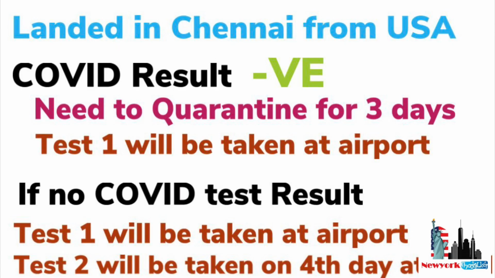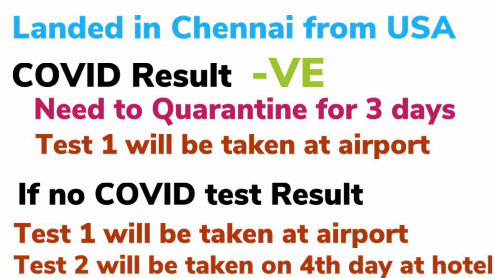Once landed in your destination city, I have given an example of what happens if you land in Chennai. If you produce the COVID negative test, you will be required to do just 2 days of quarantine in a hotel, and then the rest at home. If you don't produce any COVID negative result at the airport, you will be given a whole week of institutional quarantine.